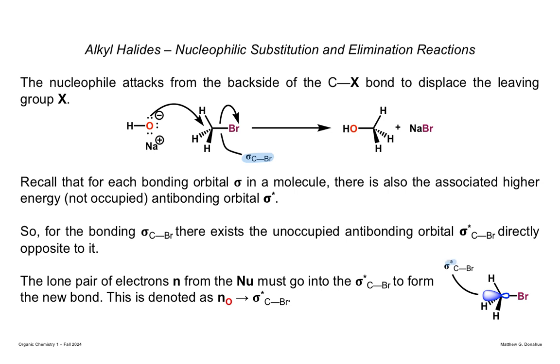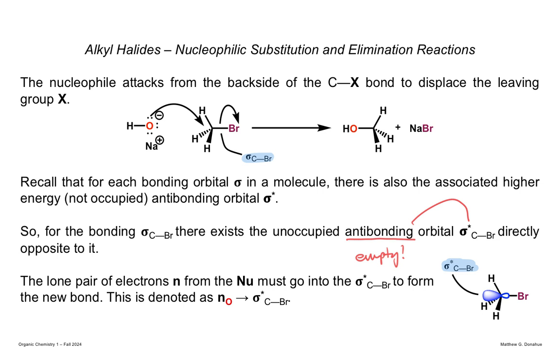So as highlighted down here, the sigma star orbital sits 180 degrees to the sigma orbital. So the anti-bonding is designated by that star or asterisk. And just sitting there, it's empty.